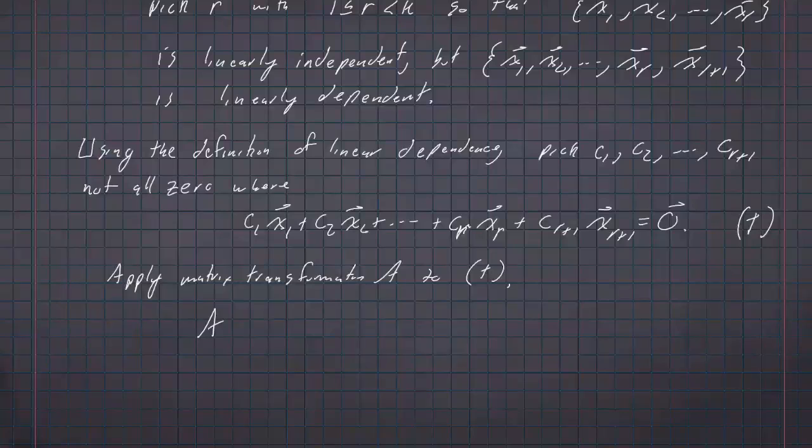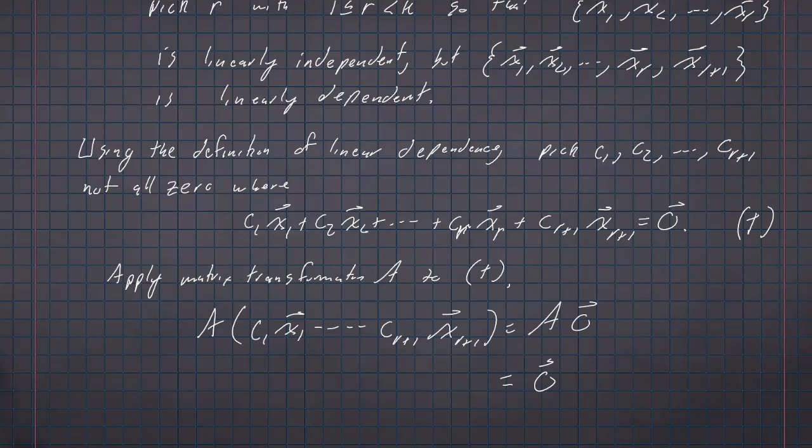That gives me that A times C1 x1 through to C r plus 1 x r plus 1 is equal to A times the 0 vector. On the right-hand side, anything times the 0 vector is equal to the 0 vector.